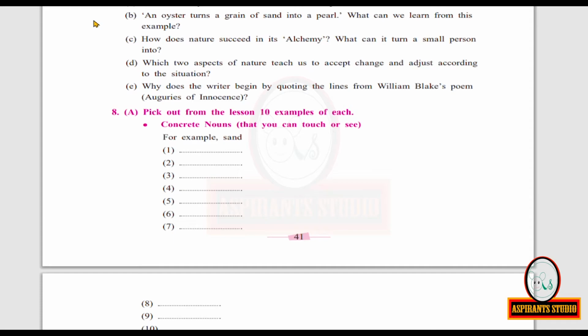We learn that there is a mysterious power or magic in nature that can change things dramatically.